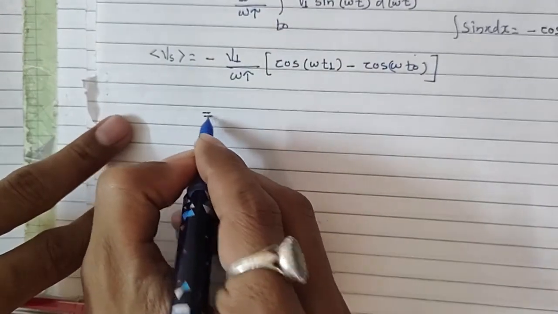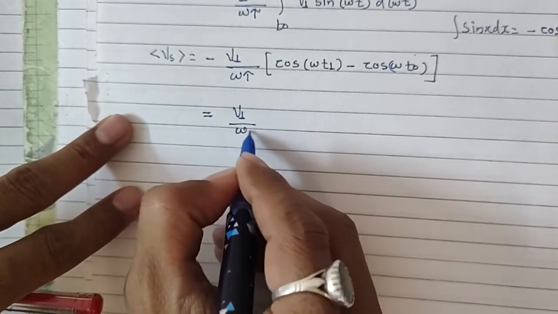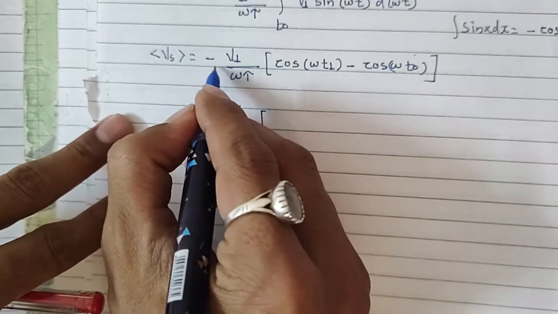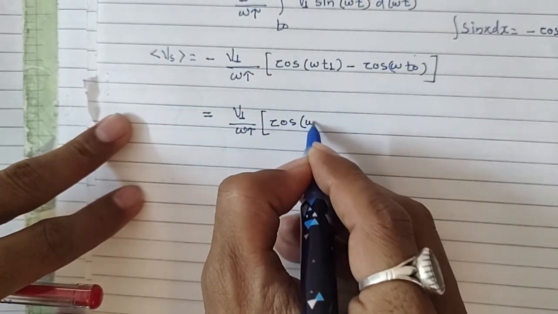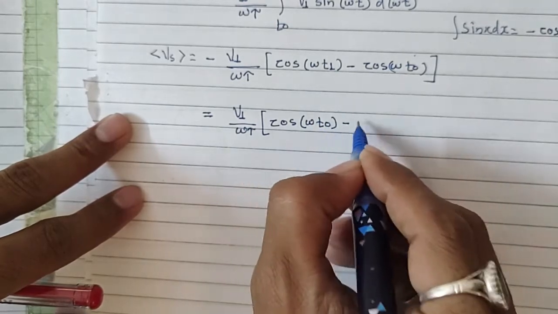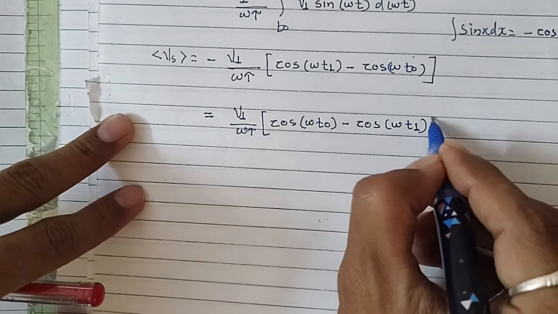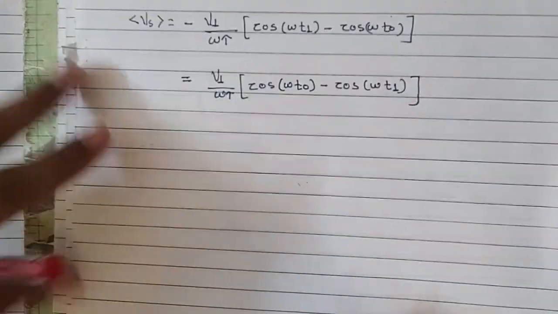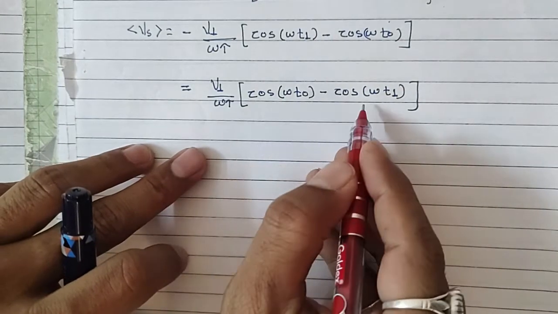Now just rearrange the terms. I can write v1 over omega tau; this minus would become plus. I will write the t0 term first: cos omega t0 minus cos omega t1. So now this is cos minus cos.